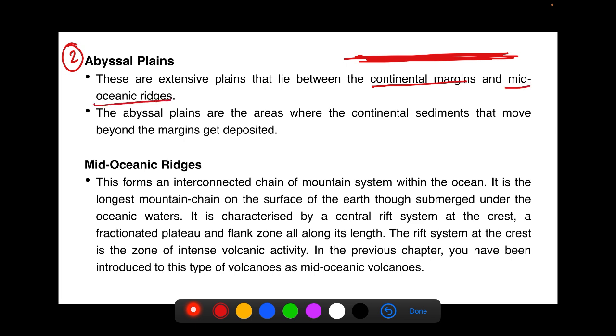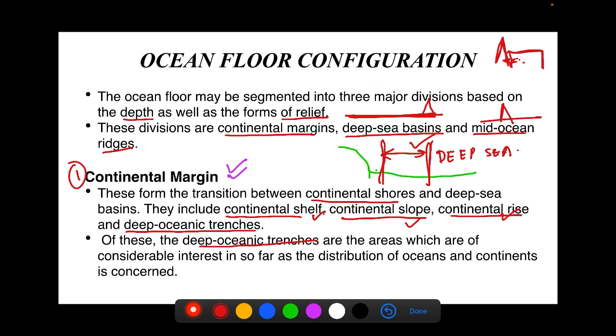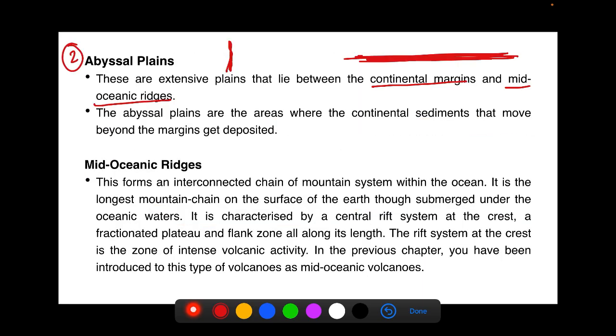We are aware that this is the continental margin, which is a transition zone between the continental shore and the deep ocean sea. Here there is the continental margin and here there is the mid-oceanic ridge, and we will see what this mid-oceanic ridge is.